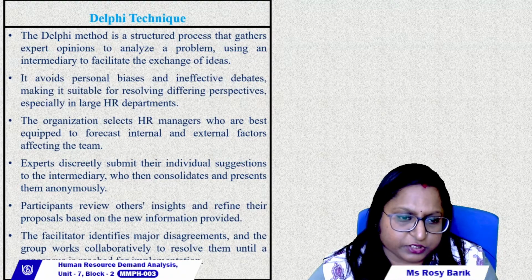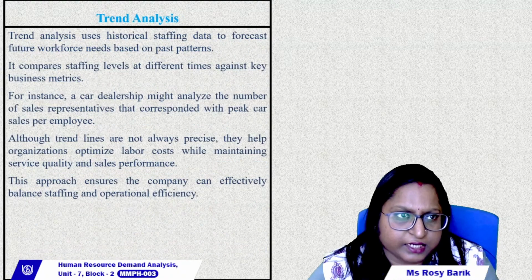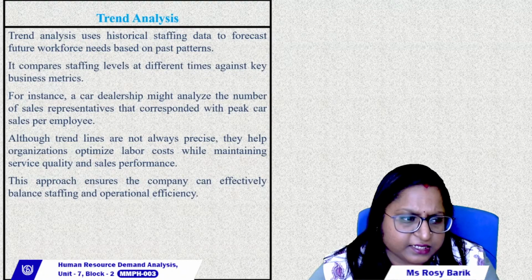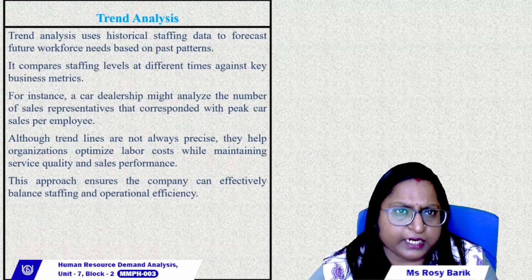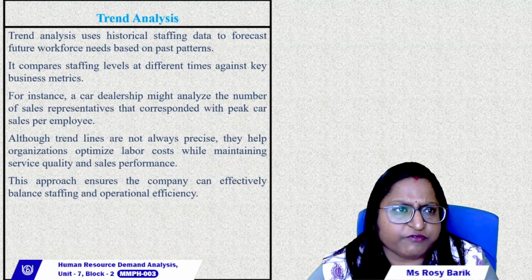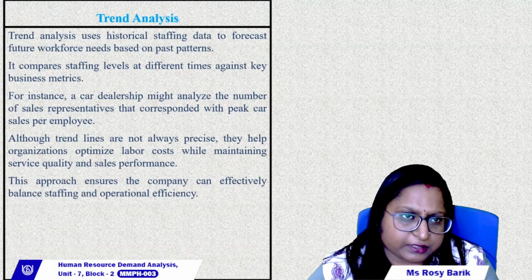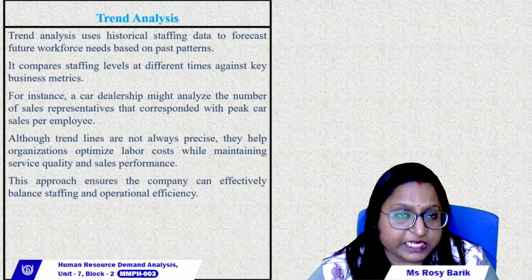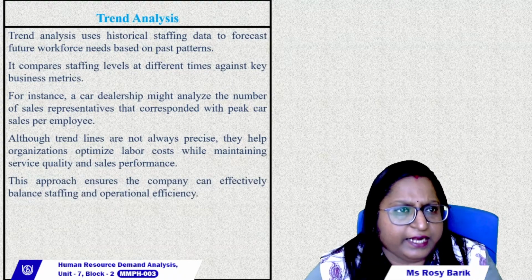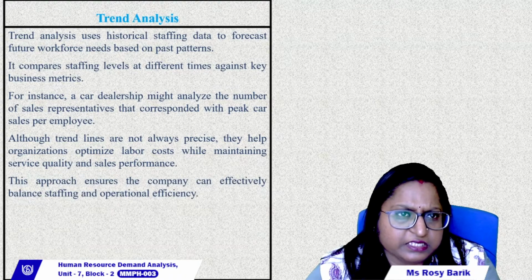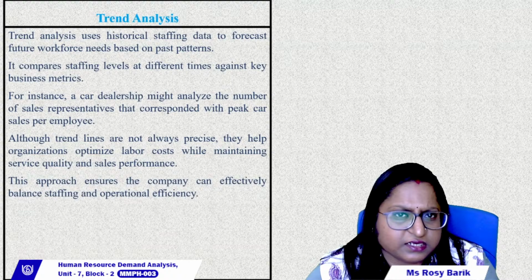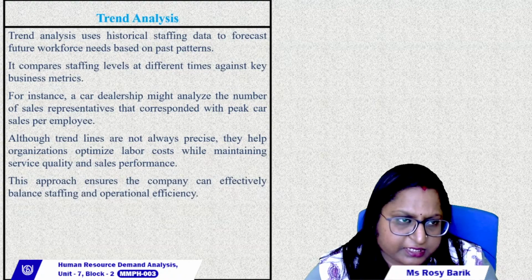In the case of trend analysis, historical data is used to forecast future workforce needs based on past patterns. So it basically focuses on the past pattern or past system. It compares staffing levels at different times against key business metrics.